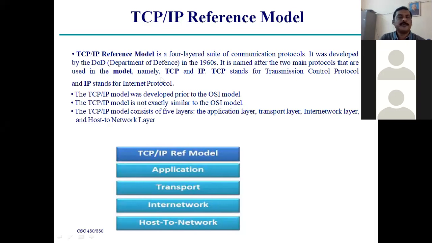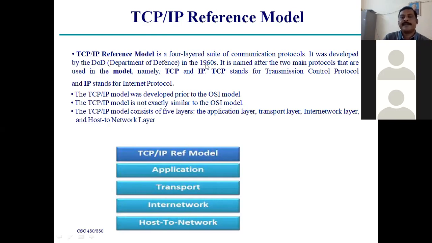It was developed by the DoD. DoD means Department of Defense. And we know that the OSI reference model was developed by the ISO, International Standard Organization, right? But the TCP/IP reference model was developed by the DoD, Department of Defense.